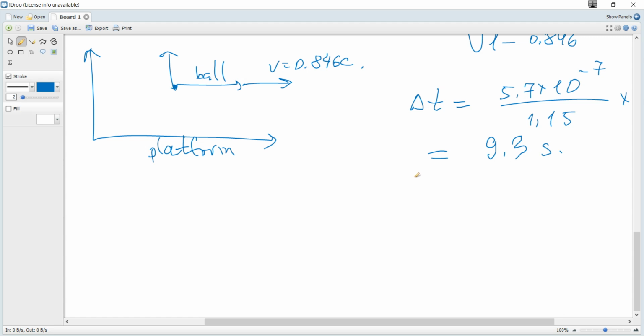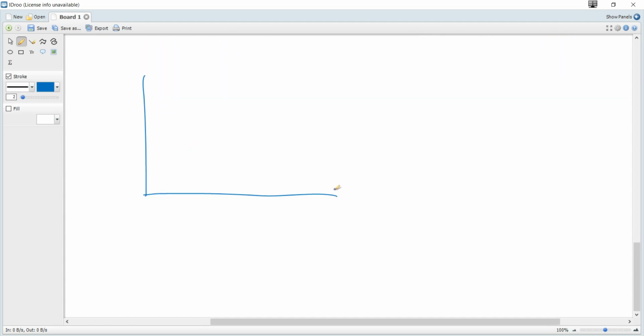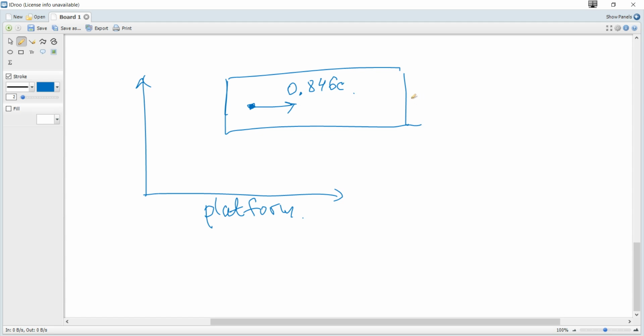And the third method, if we consider a platform and a ball, or actually, yes, we consider a ball which is moving relative to a platform with this speed, 0.846 c, in a train which is moving with speed 0.6 c relative to a platform.